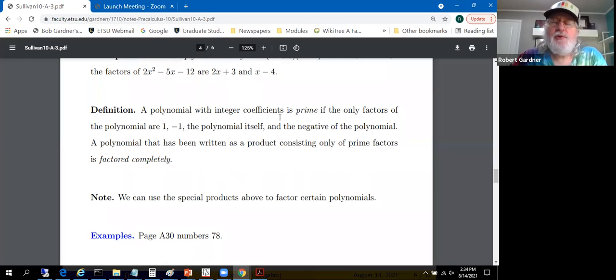A polynomial with integer coefficients is prime if the only factors of the polynomial are 1, negative 1, the polynomial itself, and the negative of the polynomial. So nothing divides it except maybe plus or minus itself and plus or minus 1. And these always divide any polynomial. A polynomial that's been written as a product consisting only of prime factors is said to be factored completely.